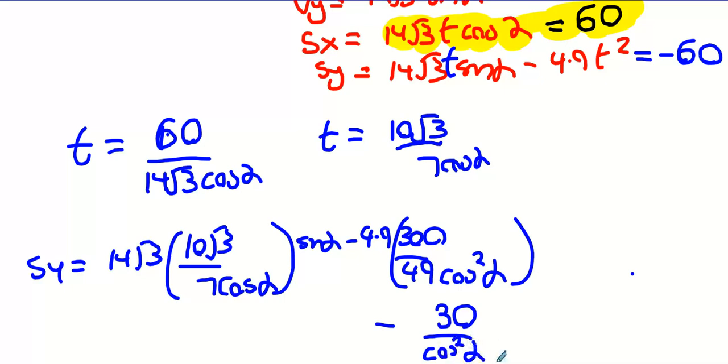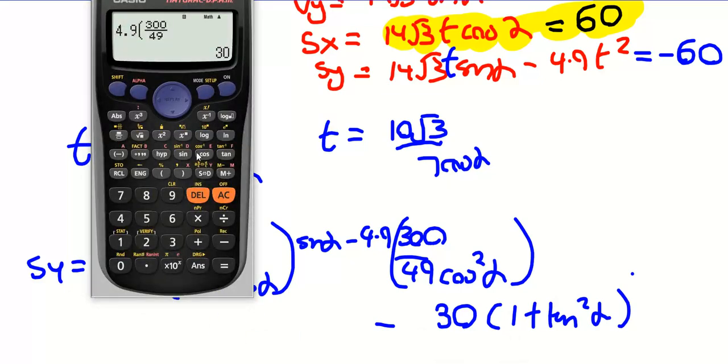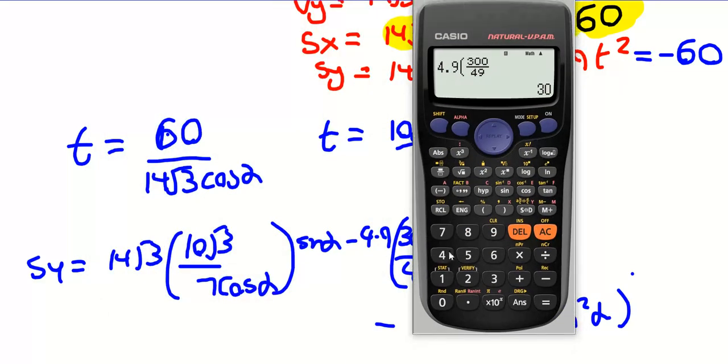Now, what was that trick we said when you see cos squared alpha on the bottom? What can you turn it into? 1 plus tan squared alpha, and just get rid of the cos squared alpha then, yeah? And what happens over here? We're going to multiply 14 root 3 by 10 root 3, and then divide all of that by 7, and we're going to get 60.